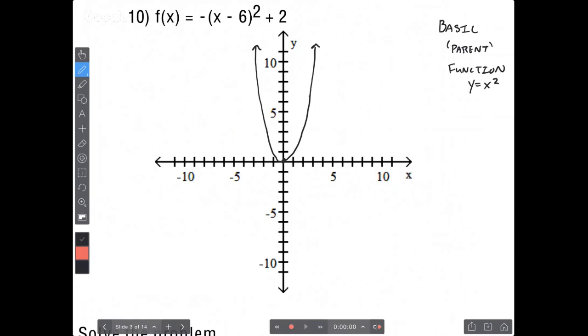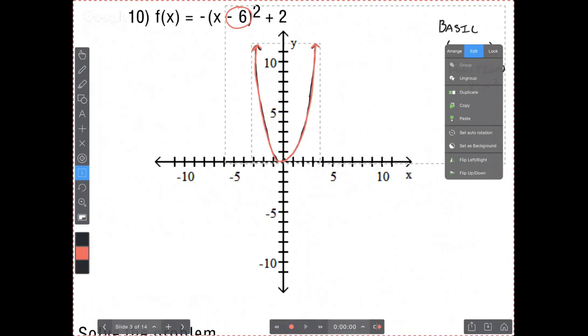So then the first thing that I see happening is that we change from just x squared. We're going to do this minus 6 part. So minus 6 means that when I plug in an x value that is 6 larger, I get the exact same output that I would otherwise. So let's make a copy of y equals x squared. There's my copy, and detach it.